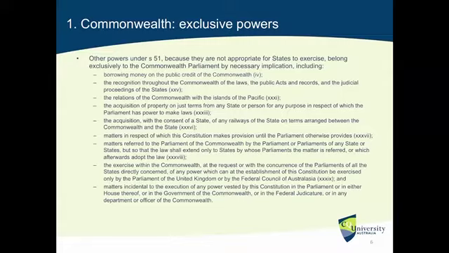The Australian Commonwealth Parliament also has exclusive legislative power over matters referred to the Parliament of the Commonwealth by the Parliament or parliaments of any state or states, but so that the law shall extend only to those states by whose parliaments the matter is referred or which afterwards adopt the law.